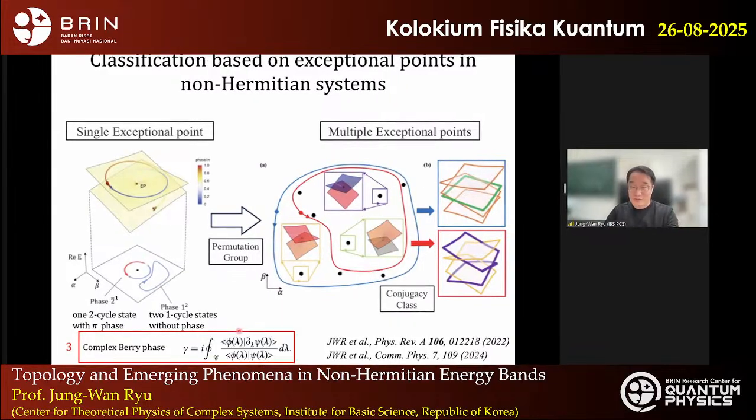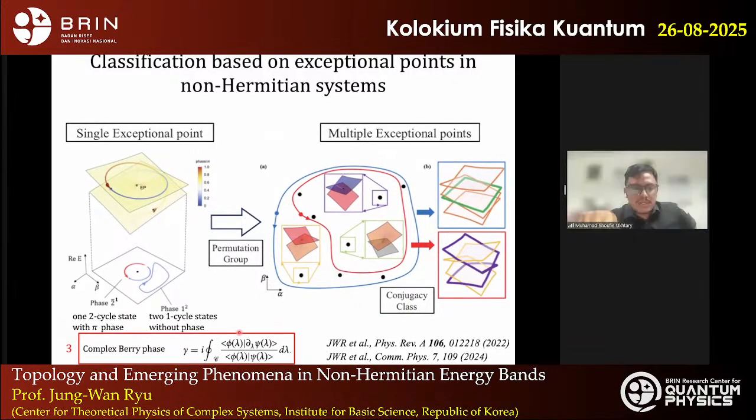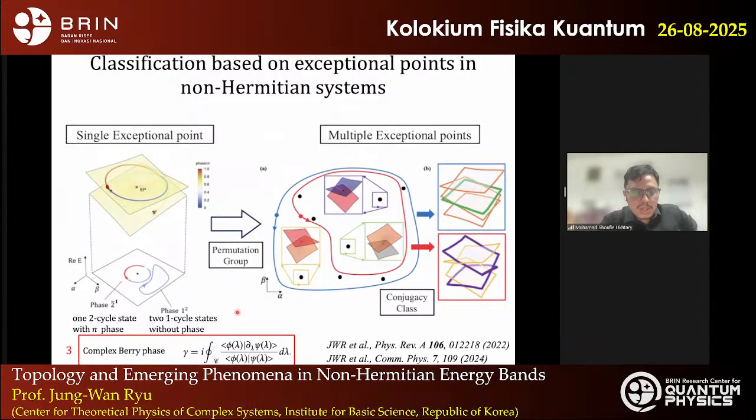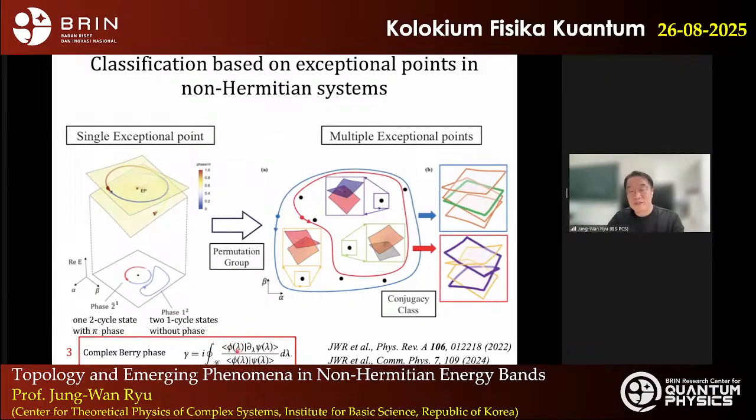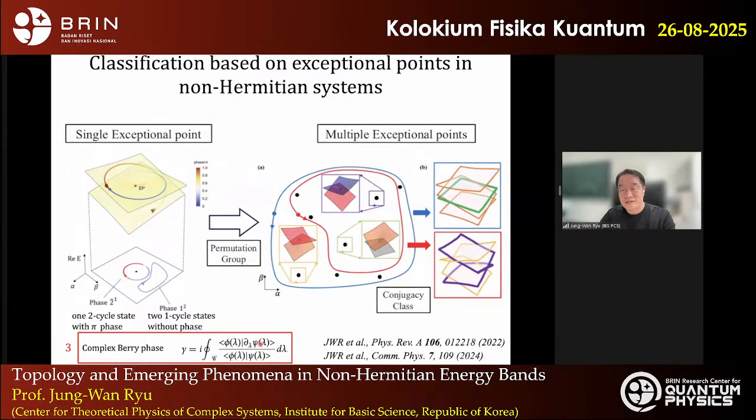So now we can use this bi-orthogonal Berry phase in non-Hermitian systems. The difference from the Hermitian one is that now we have two kinds of eigenstates, left and right. In the Hermitian case, the left eigenstates are the same as the right eigenstates. That is a kind of limit of this value. Okay, I understand.